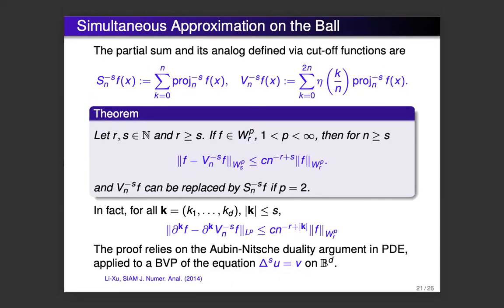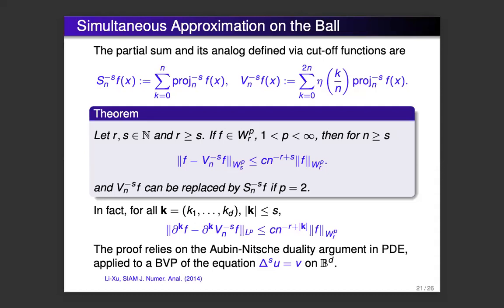But let's see. This is what we can do on a ball. At this point, you realize a ball is very special. It has a closed form for its reproducing kernel. It has PDEs. It's a very well-structured thing. You probably should be wondering, can this hold for any other domain? Well, unfortunately, this is a multi-dimensional thing. If the domain is very general, there are usually very few tools you can use.